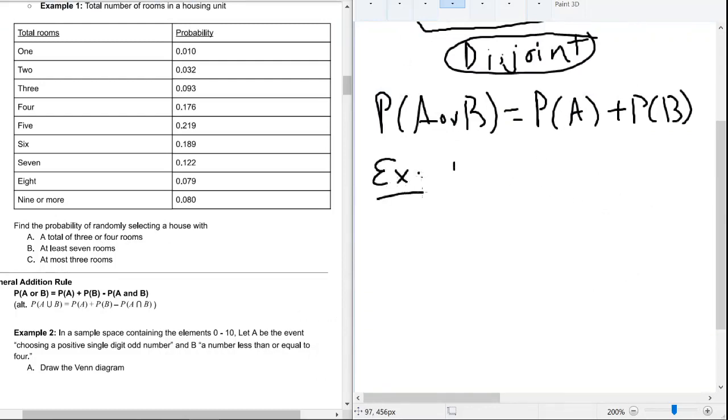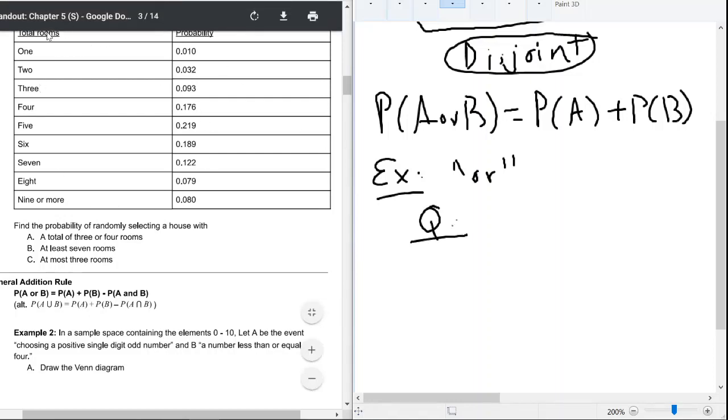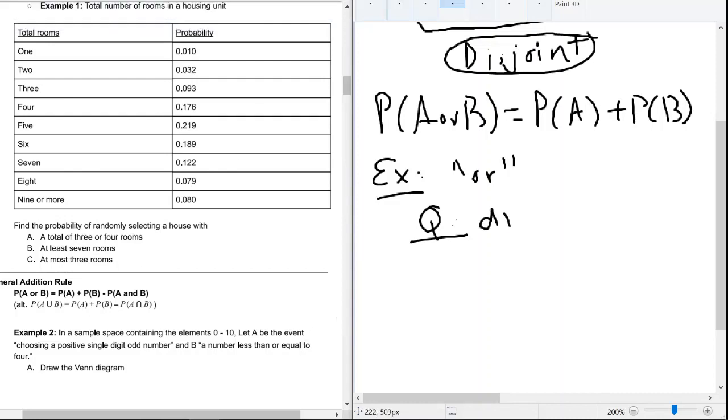So when it comes to the keyword or, we have to ask ourselves, are these events in this empirical data disjoint? Because we have a formula: if these events are disjoint, then we can take individual probabilities and add them together.